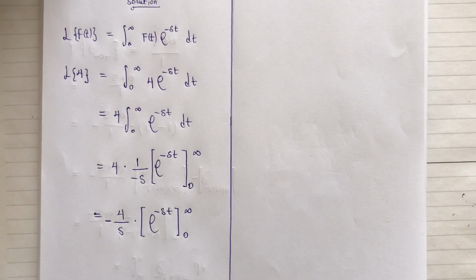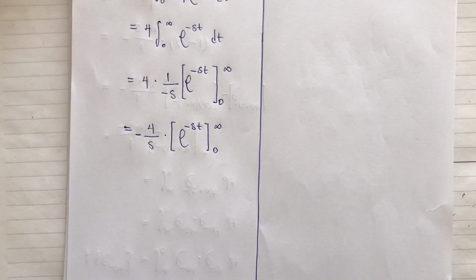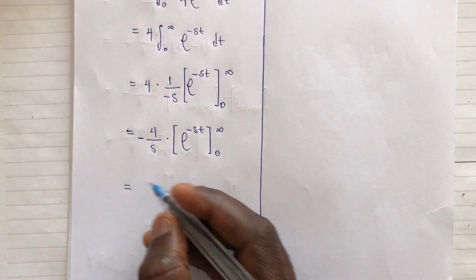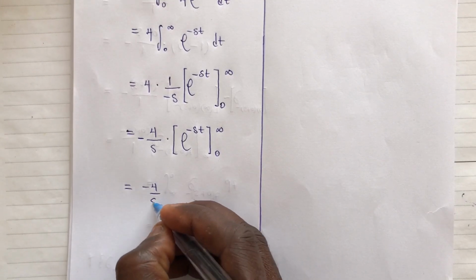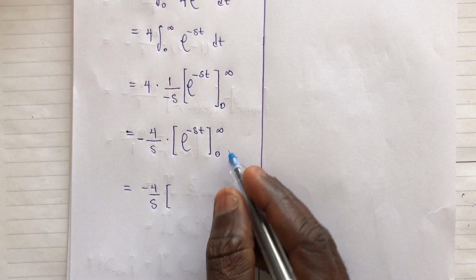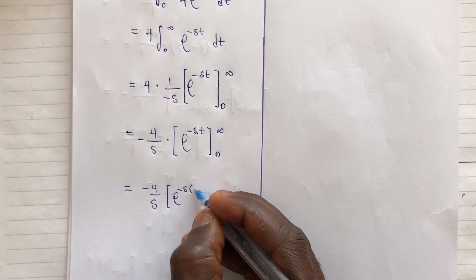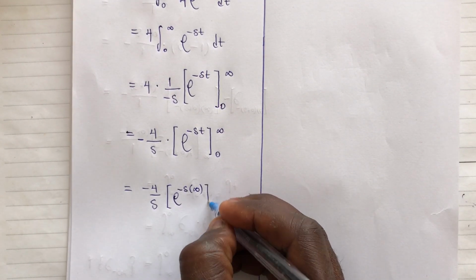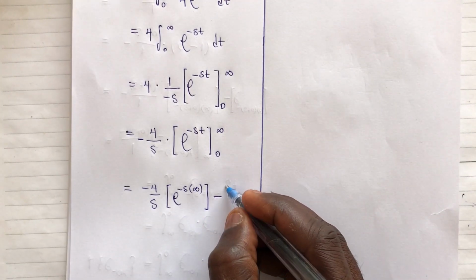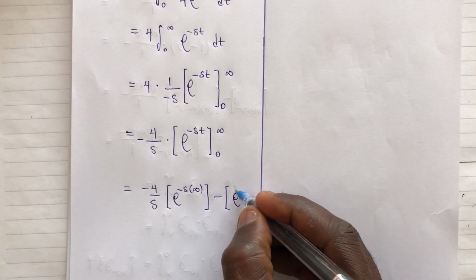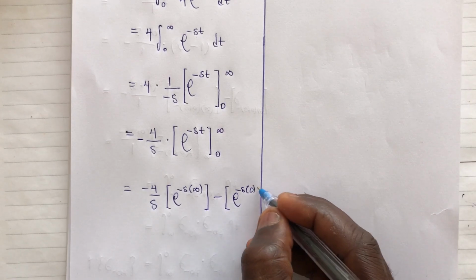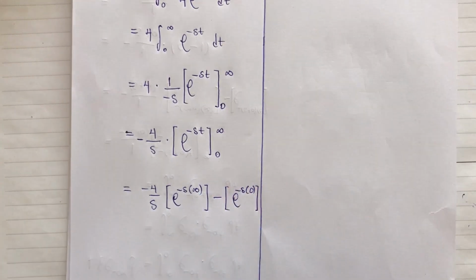Alright, so for lower and upper limit, we take the upper limit minus the lower limit. So from here we have minus 4 over s times, then we substitute our upper limit, e to the minus s times infinity. You close your bracket, minus, you take another bracket, e to the minus s times 0. Okay, so this is my lower, this is my upper.